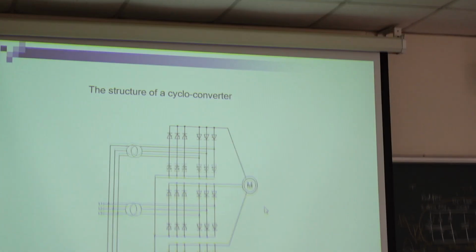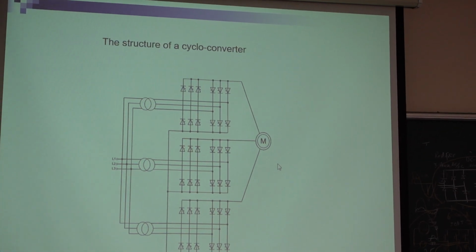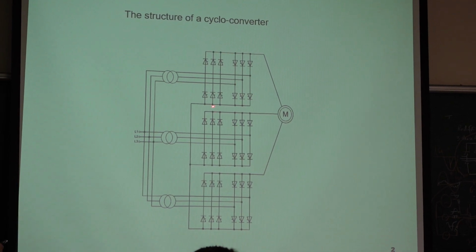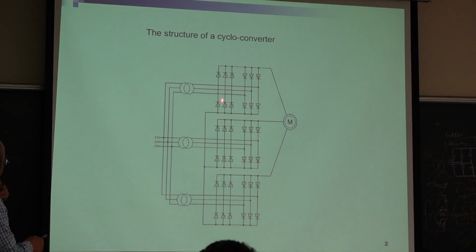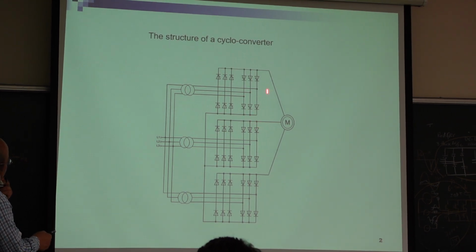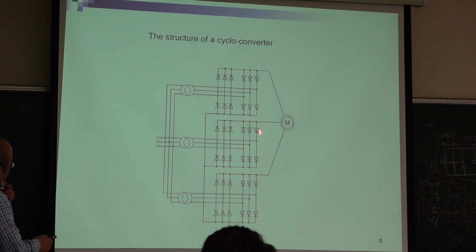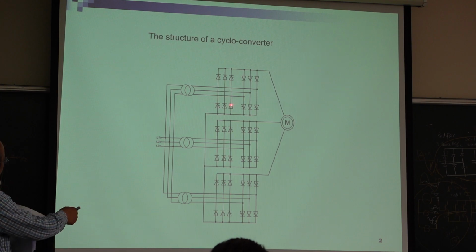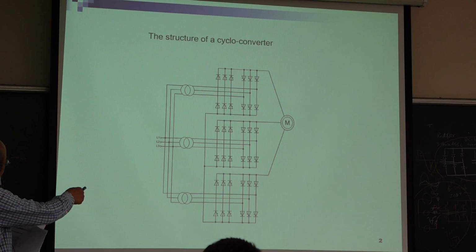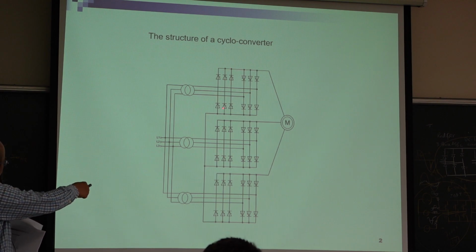So if you think about this issue, what can you do? You can say, I can use the thyristor, so I can control the phase angle. So this is for A phase, this is for B phase, this is for C phase. And in this structure, this is plus, this is minus.